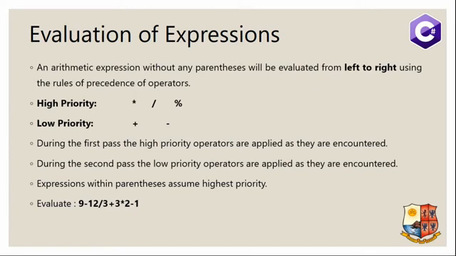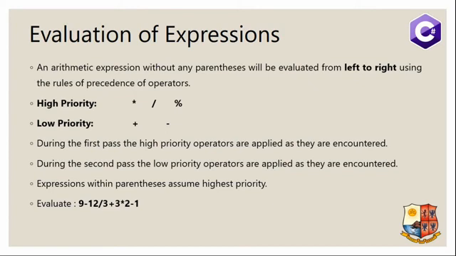But just look at a computer's angle, and you see that there are 2 passes. In the first pass, all high priority operators are applied as they are encountered. In the second pass, the low priority operators are applied. With that, can you find out the answer for this evaluation?